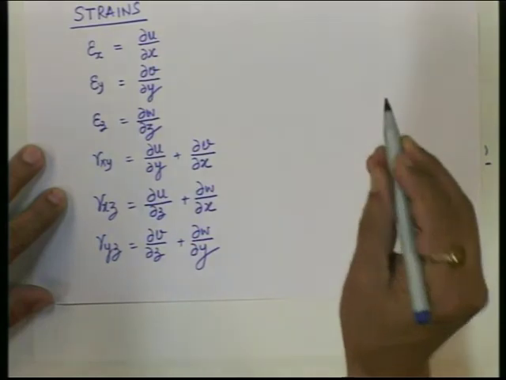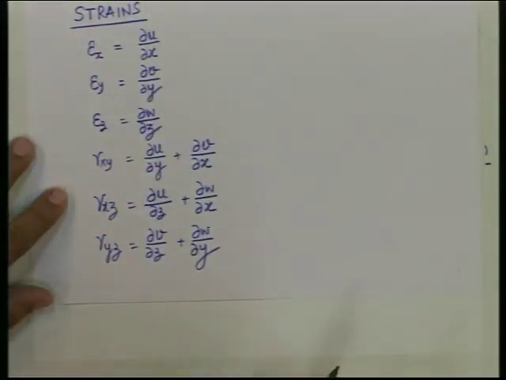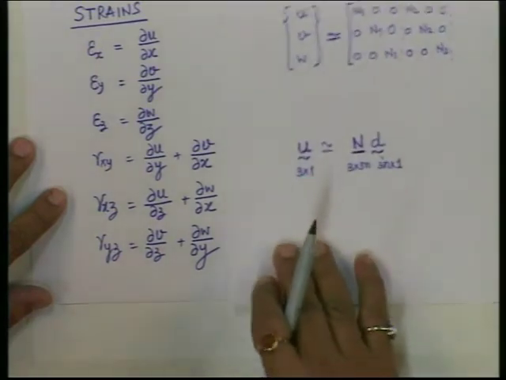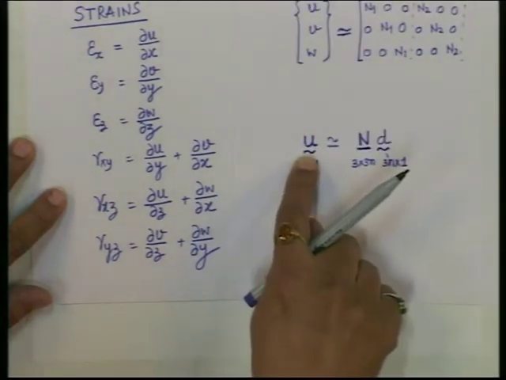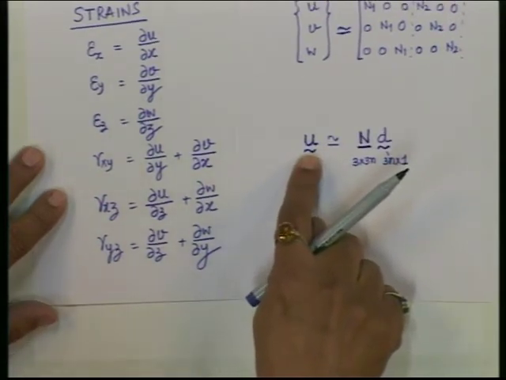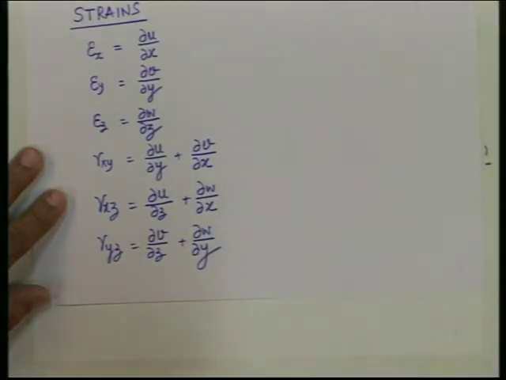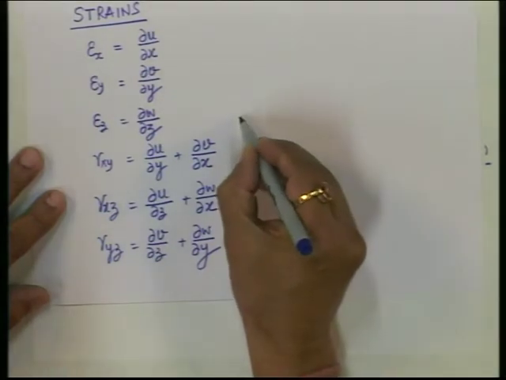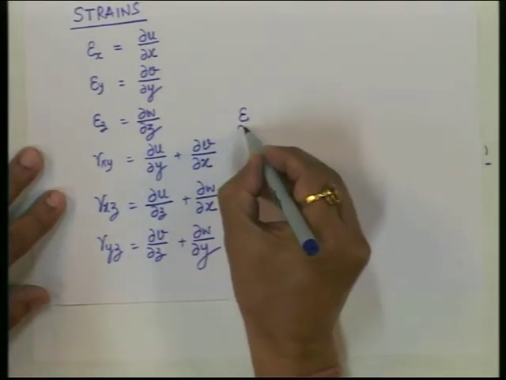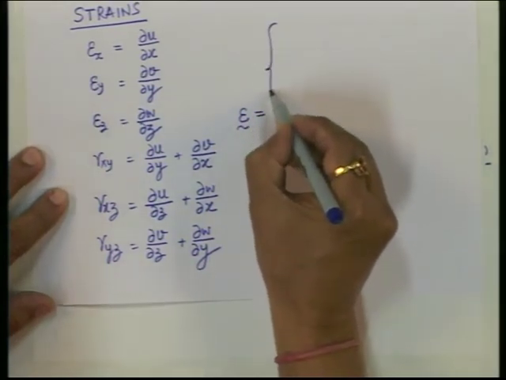In this matrix notation, we define all the 6 components of strain by a strain vector, just like I defined a u vector. U can consist of any number of components, but of course you cannot have more than 3, since a body cannot be 4-dimensional or 6-dimensional. So, the maximum is a 3-dimensional body. So here, strains: we define this by a strain vector, like this. This is not a tensorial strain vector.